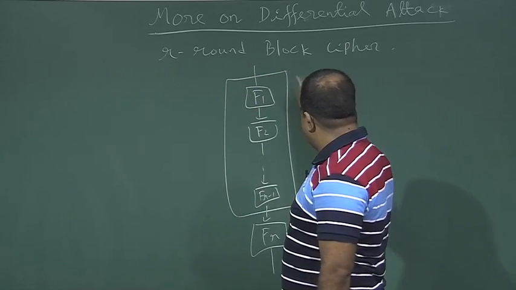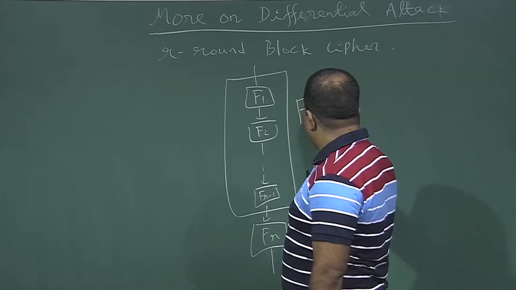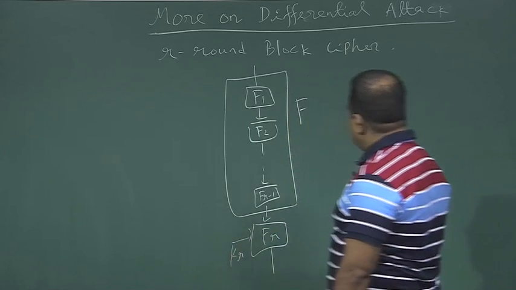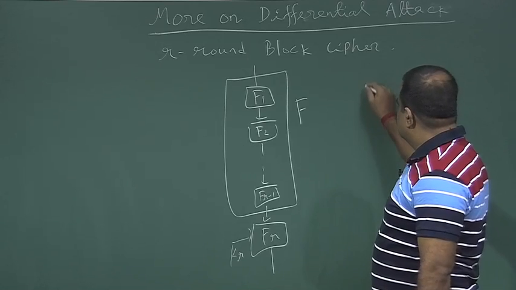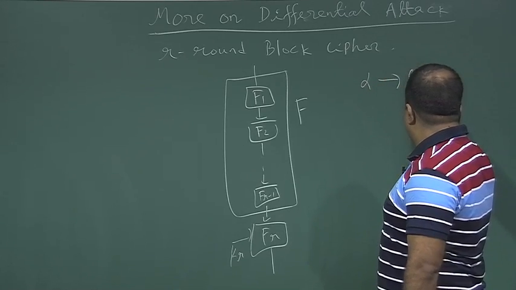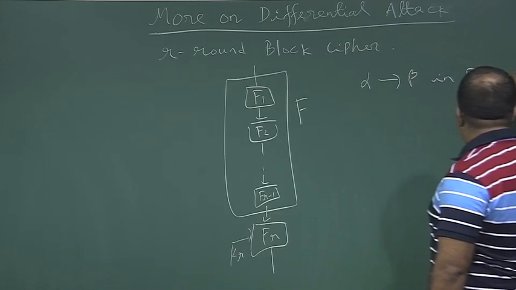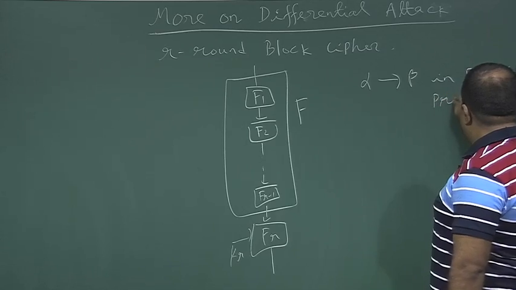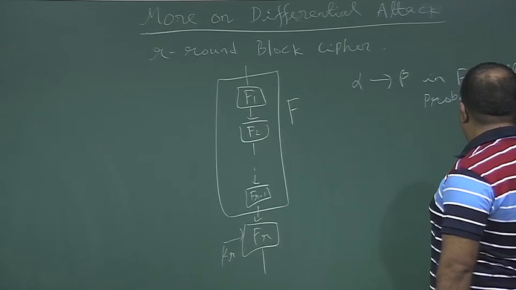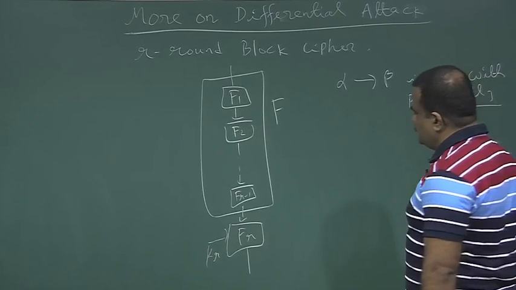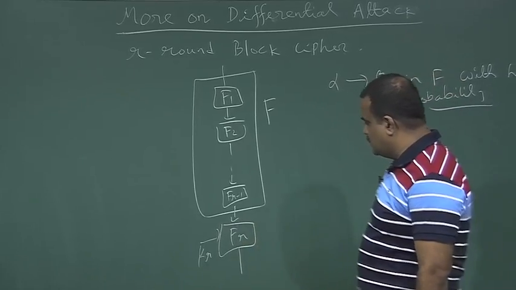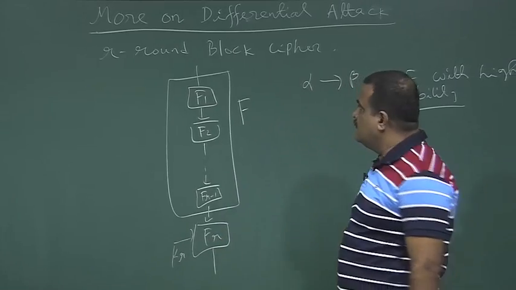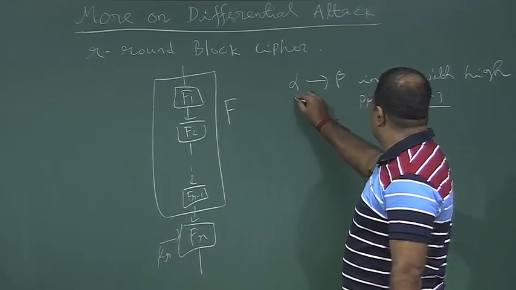F uses the Rth round key. If some differential alpha going to beta exists in F with high probability, then we can find K_R, the Rth round key, by mounting differential cryptanalysis.